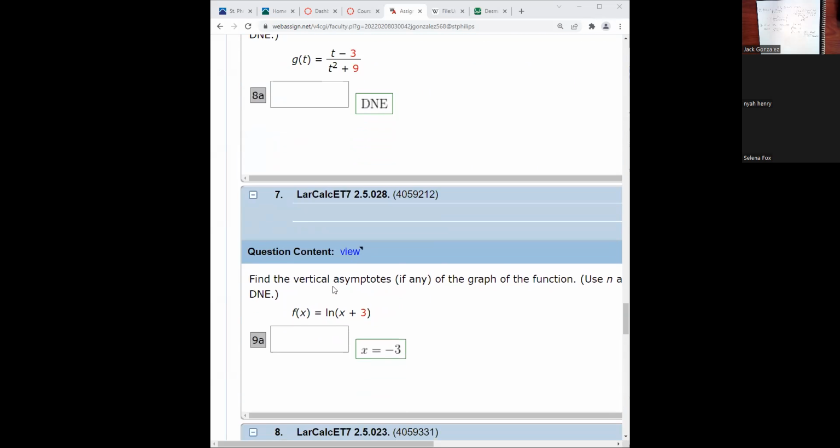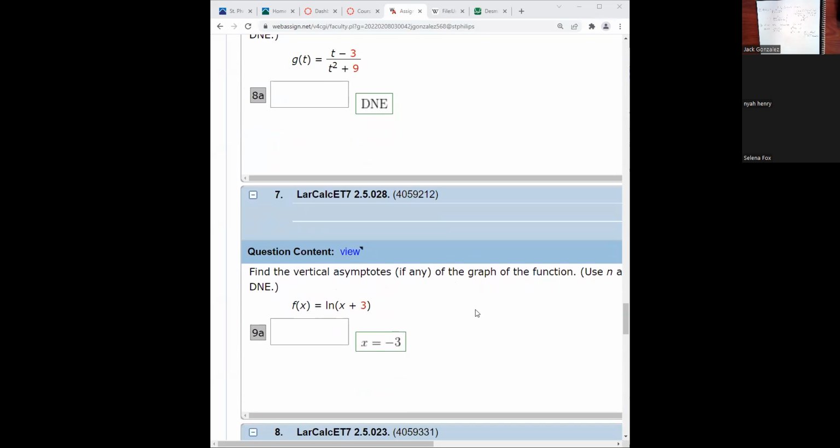All right. Number 7. Is there a vertical asymptote here? Do you remember the restrictions on logarithms from back in college algebra?